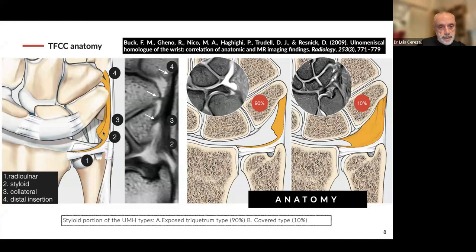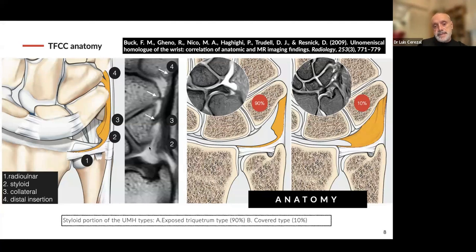Remember that the pathway of the ulnomeniscal homologue is essentially deep to the extensor carpi ulnaris tendon, with a close relationship with the subsheath, with the sheath of the extensor carpi ulnaris tendon.